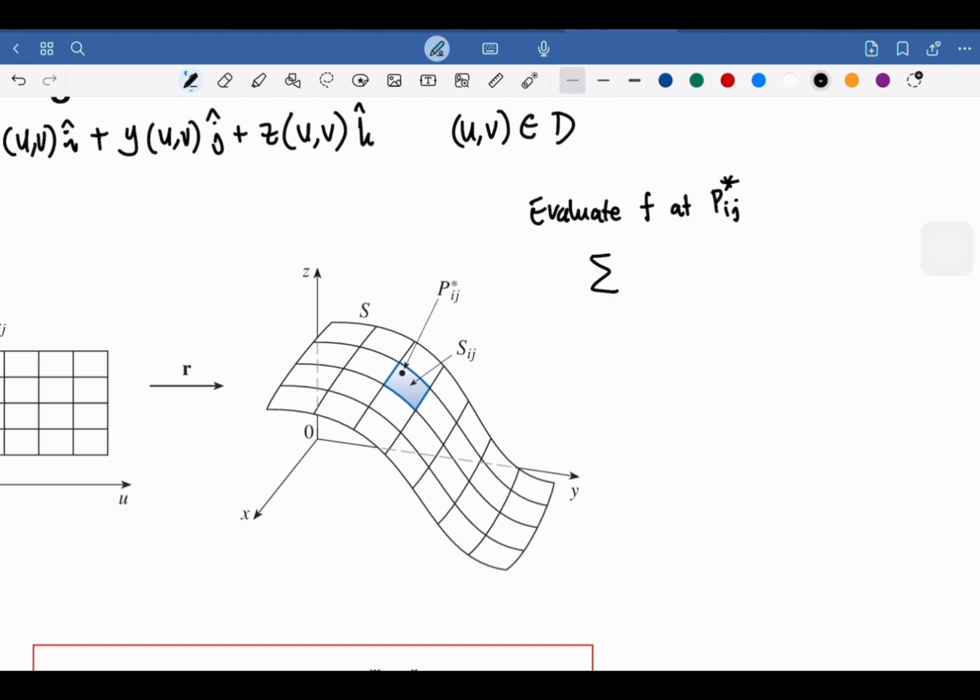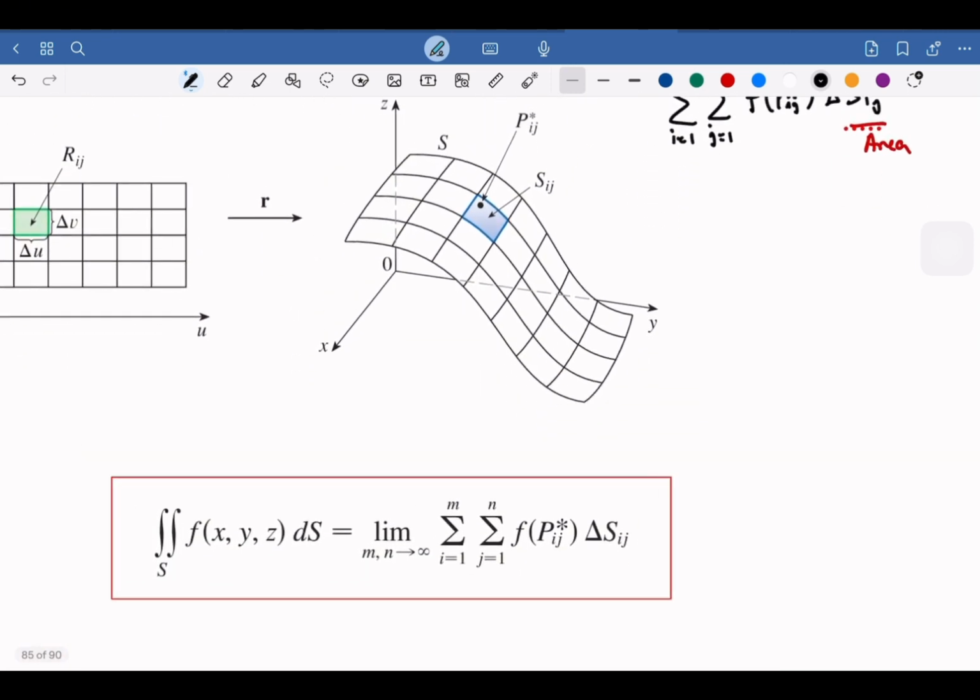So each one of them we evaluate and then multiply by the area delta S. So we have a sum, and then this will be a function multiplied with the delta S, the area. Okay, this means the area. So the height and the area. And then we take the limit, like in this part here.